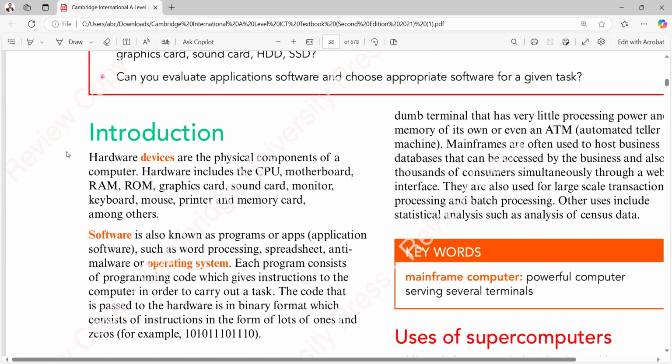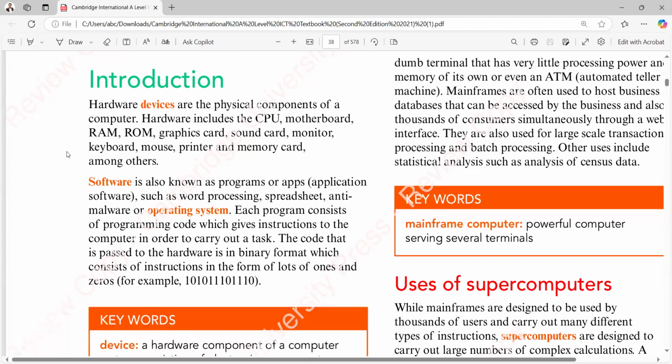It is known for the applications such as a word processor, spreadsheet, anti-malware, or operating system. In software, each program consists of programming code, which gives instructions to the computer in order to carry out a task. So the difference is you have software that gives the command to your hardware, and then your hardware processes information in binary format.